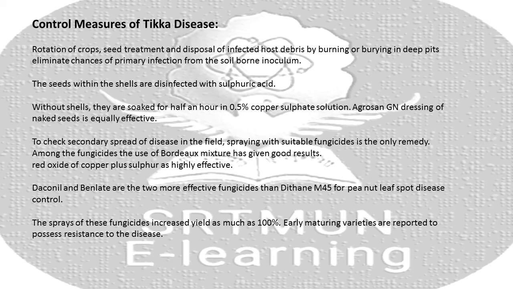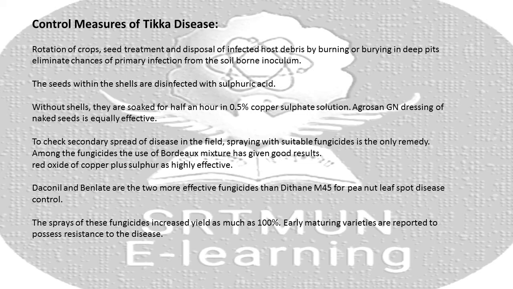Now next, the seeds within the shells are disinfected with sulfuric acid. Now next, without shells they are soaked for half an hour in 0.5% copper sulfate solution. Agrosan GN dressing of naked seeds is equally effective.